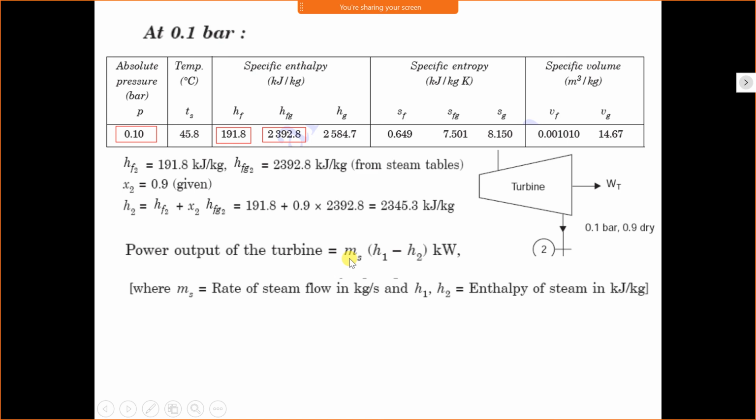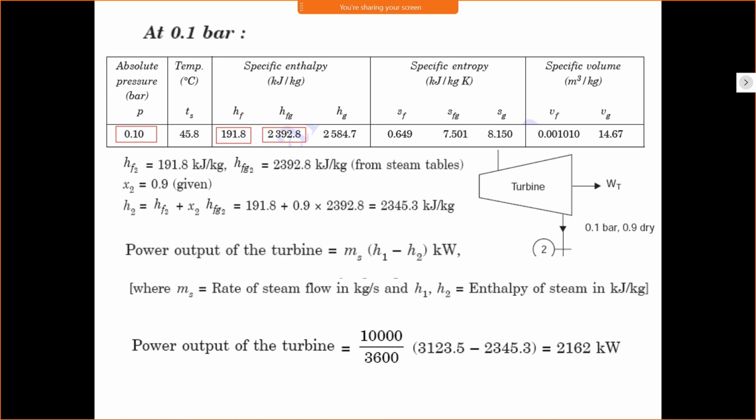Therefore, we will divide by 3600. The mass flow rate of 10,000 kg per hour is divided by 3600 to convert into kg per second. When we multiply kg per second with kilojoule per kg, we will get kilowatt. Now this is enthalpy H1 and this is enthalpy H2.